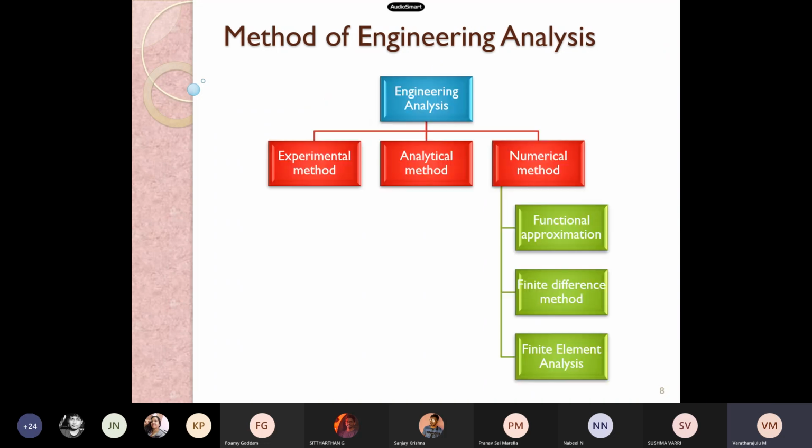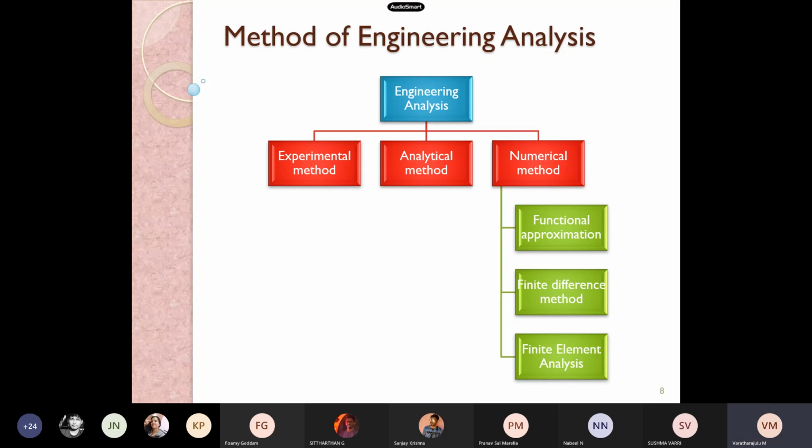What was our olden method of engineering analysis? Now we have a number of formulas and a number of machineries. We are in a digital world. We can do wonders with the facilities. And what was the olden method of doing engineering analysis?